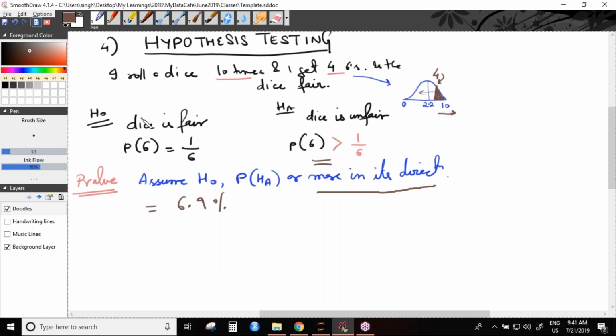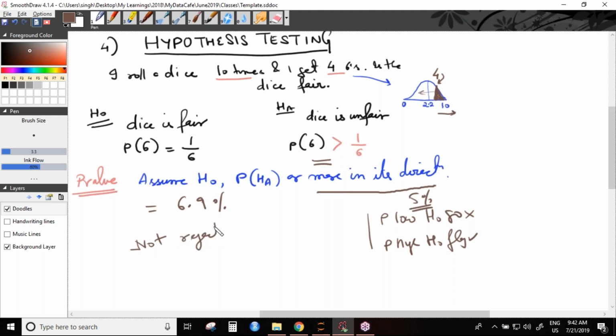Now we will compare that with the threshold. 7% is not a very small chance. You might get lucky and fall in this 7%, so we will not reject. Remember that poem I told you? If p is low, null will go, or you reject it. If p is high, your null will fly, so you don't reject it. Here my p is higher than 5%, so you will not reject your null hypothesis.